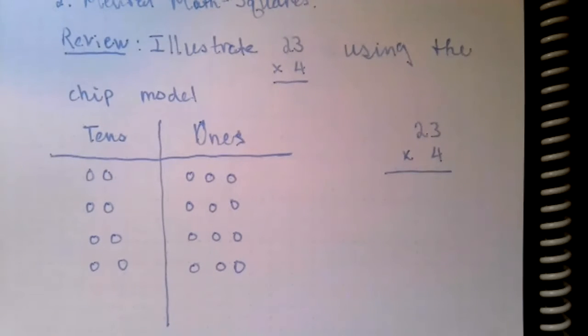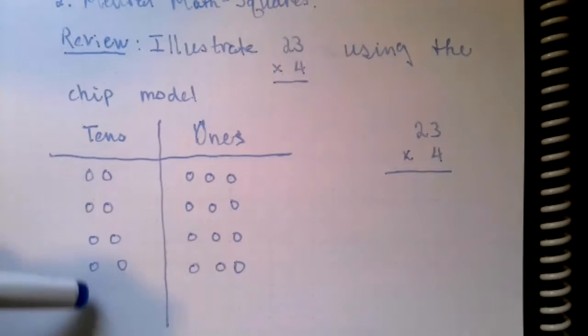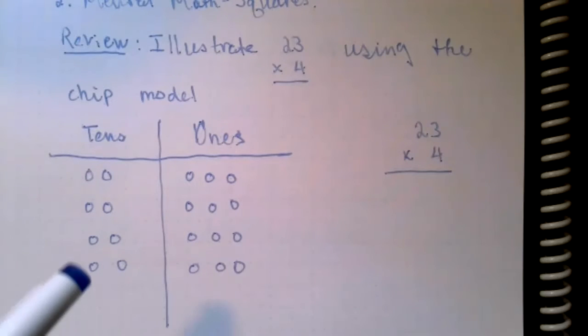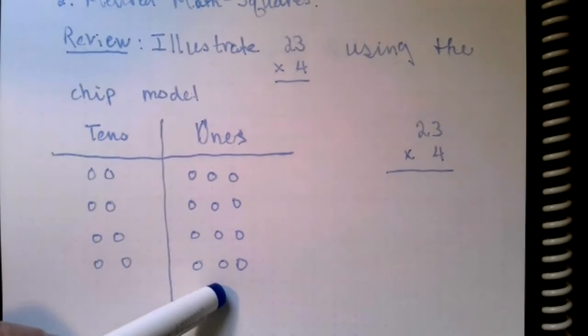Okay. And what next? Is this okay as it is now? No, there's too many. Right. There's too many in the ones place. Okay. Remember, the model is supposed to kind of give us the answer, right? Well, right now it's saying we have 80, 12. All right.